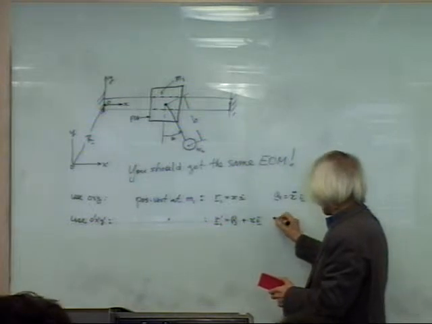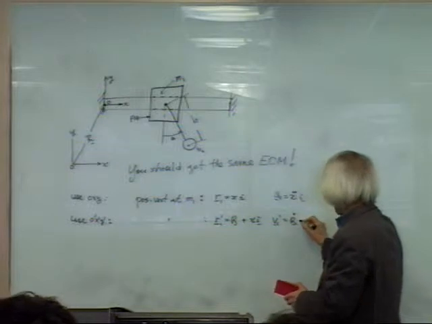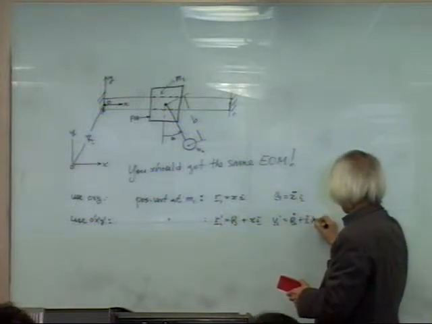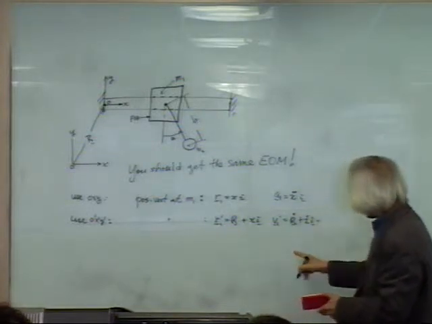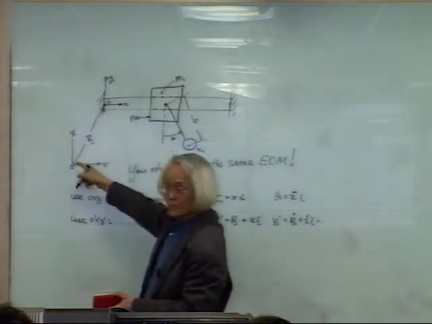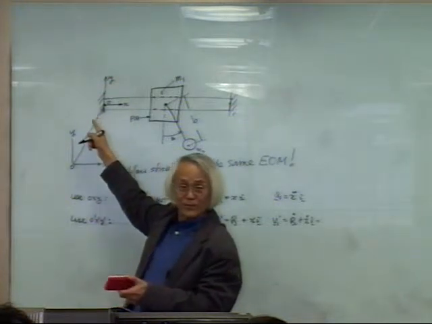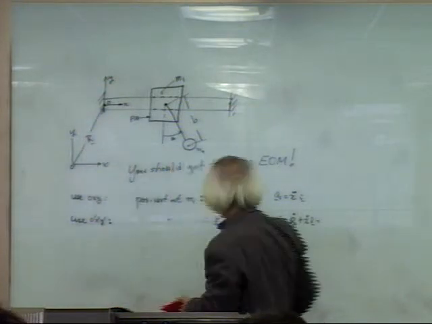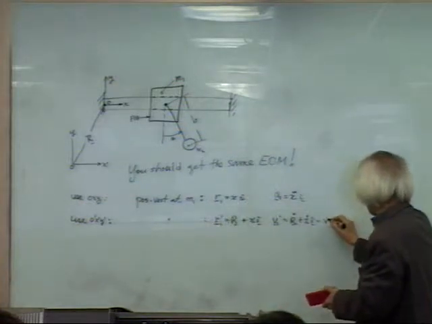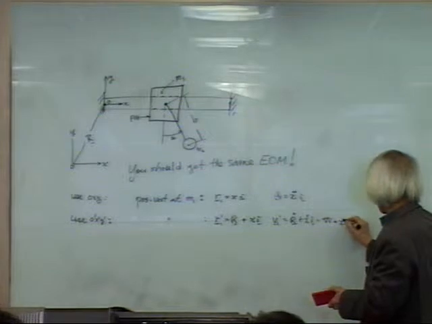Here v1 prime is R dot plus x dot i. If R dot is, suppose this frame is moving relative to the other one, that includes the inertial reference frame, right? So this could be V plus x dot i.